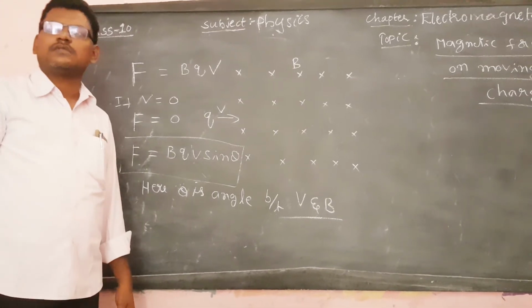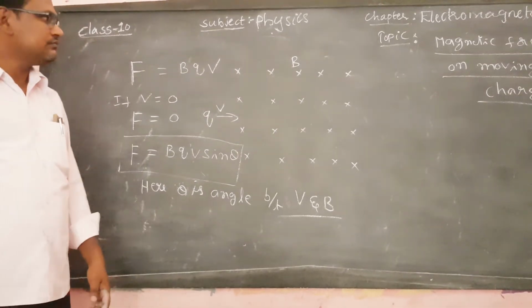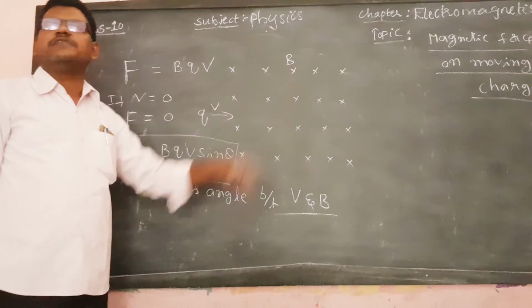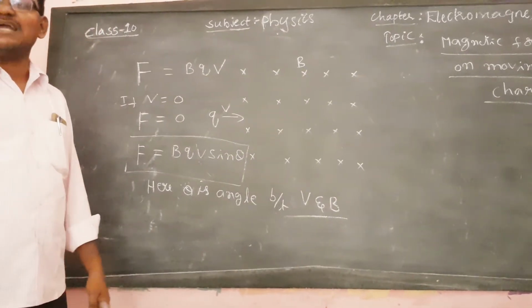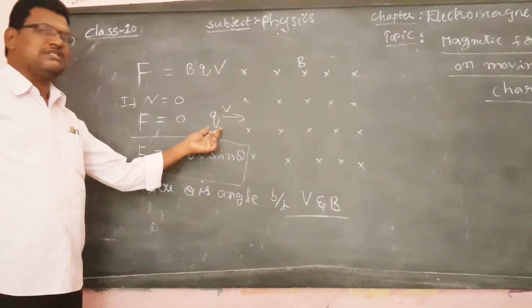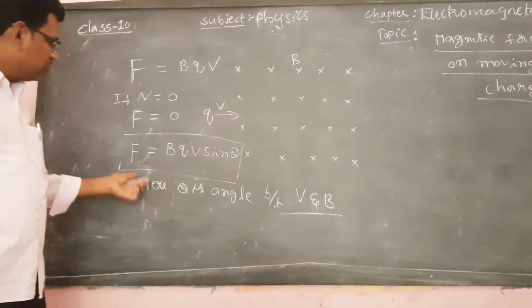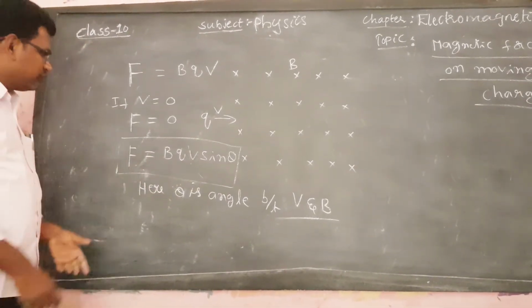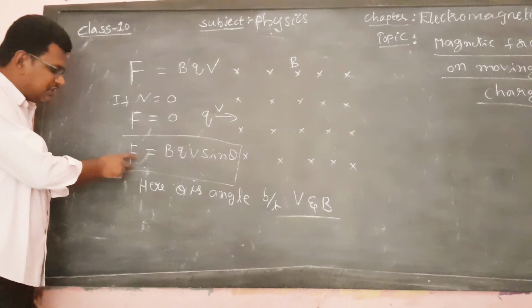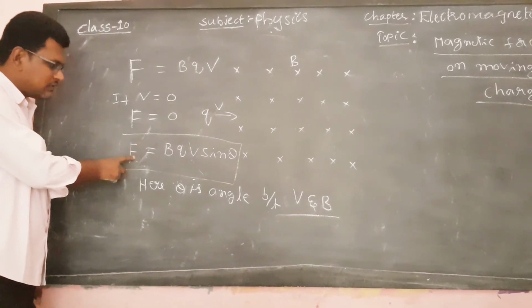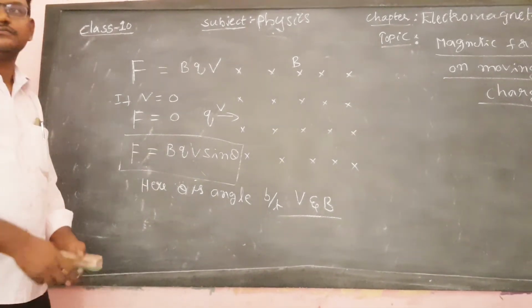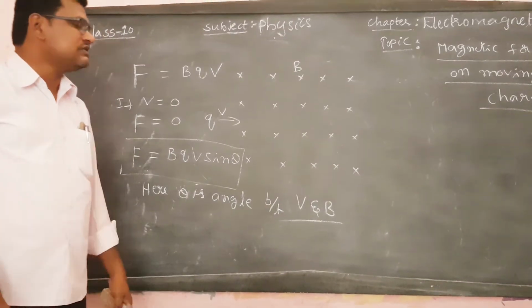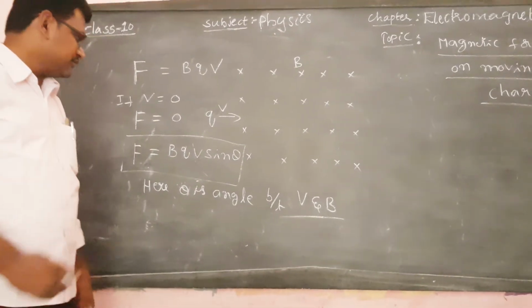Then in what direction does this external magnetic field exert the magnetic force on this charged particle? That means, what is the direction of the magnetic force on the charged particle?